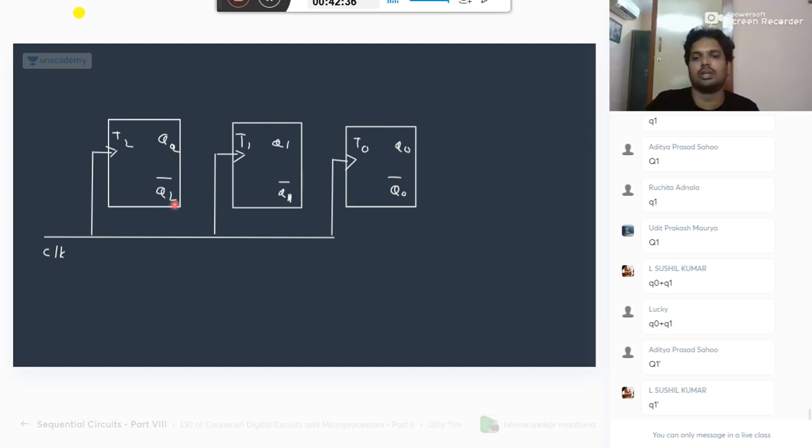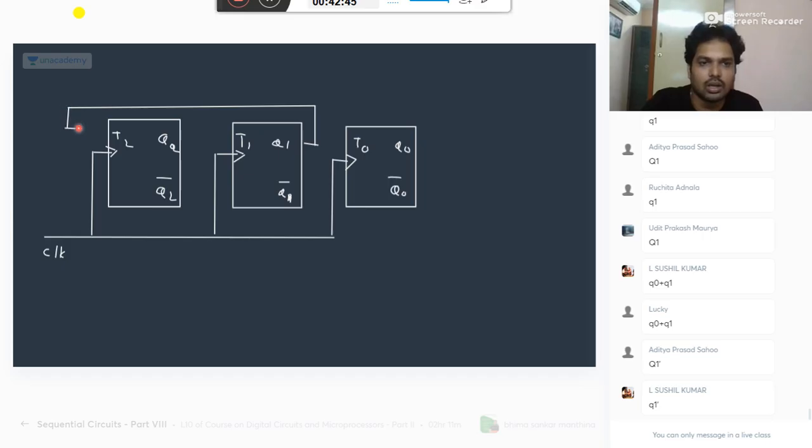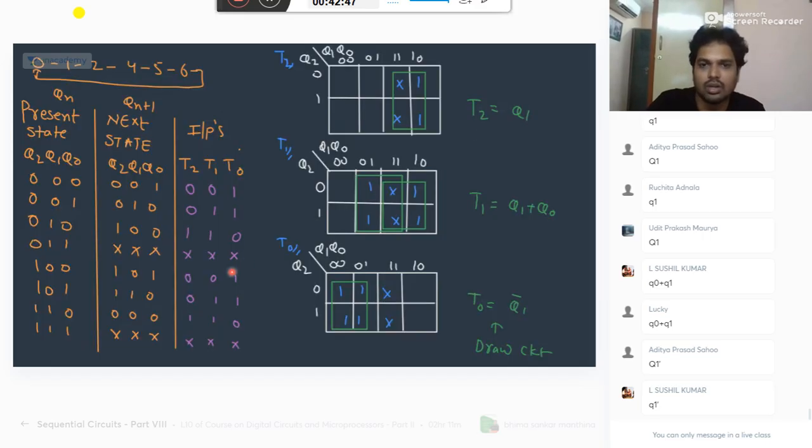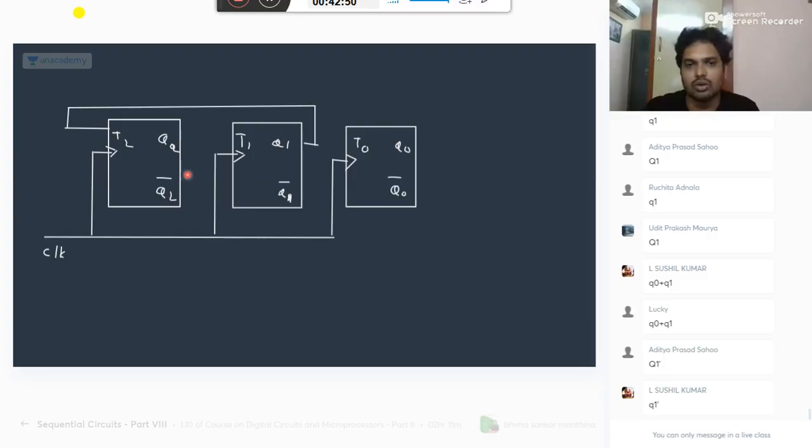Okay. Now see here. For T2, it is Q1. So take one line from Q1 and connect it here. Next. For T1, Q1 plus Q0.